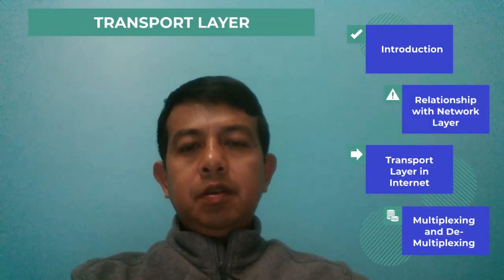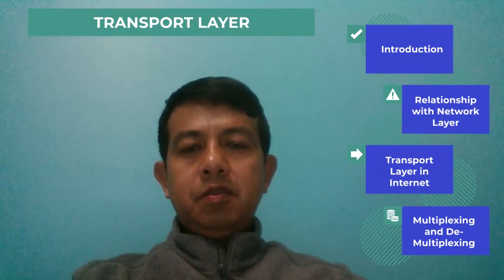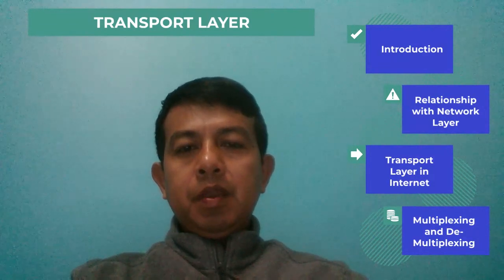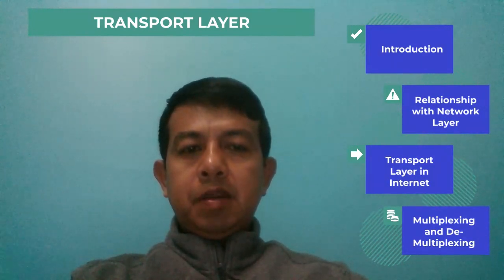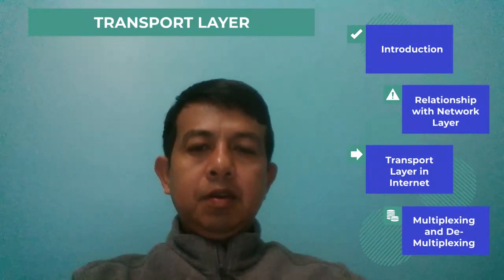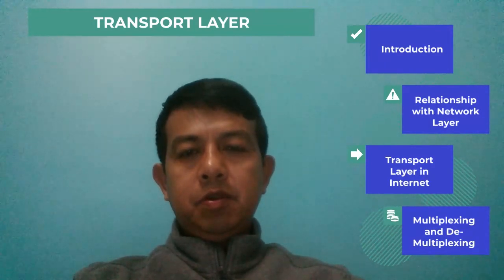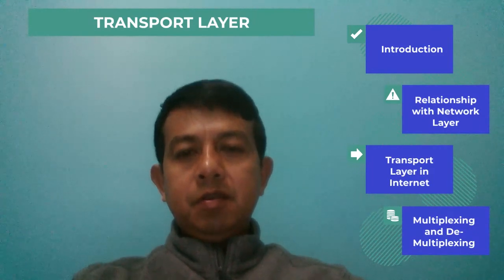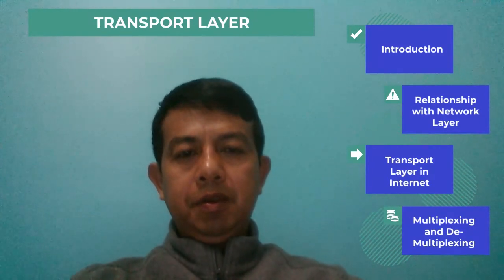Now we'll start discussing the set of services offered by these two protocols, UDP and TCP. The first function, multiplexing and demultiplexing, is offered by both of these two protocols. So multiplexing and demultiplexing is one of the basic services that is provided by both TCP and UDP.